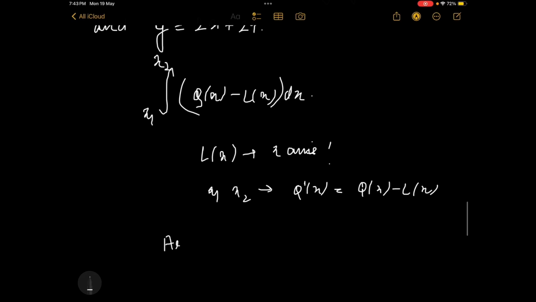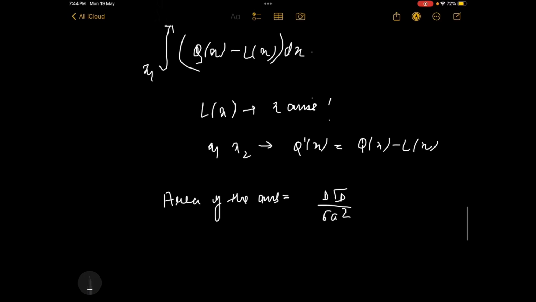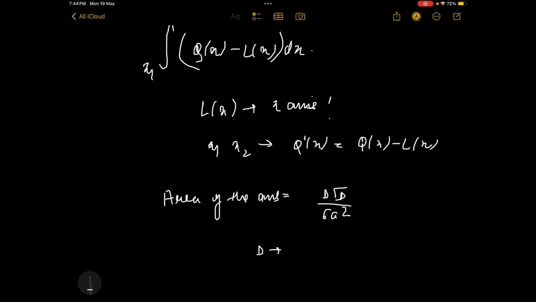Then the area would be simply D root D over 6a squared, where the discriminant would be of the new quadratic q dash x.